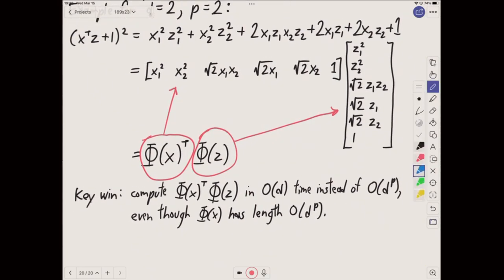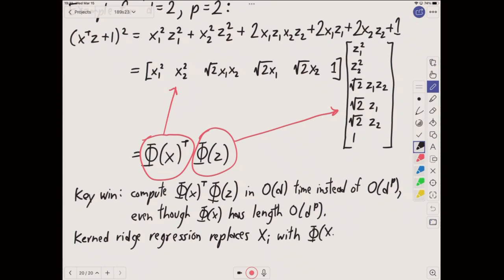All right, so if you want to do kernel ridge regression with polynomial features, essentially all we do is we replace the original feature vectors xi in our algorithm with the lifted feature vectors phi of xi.